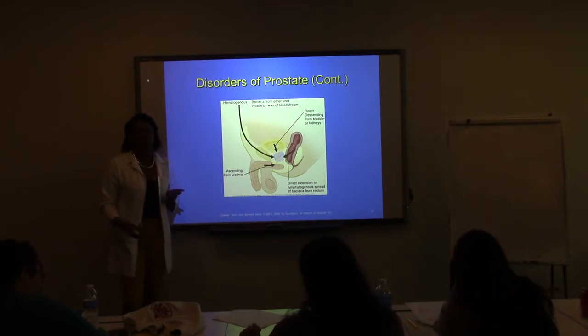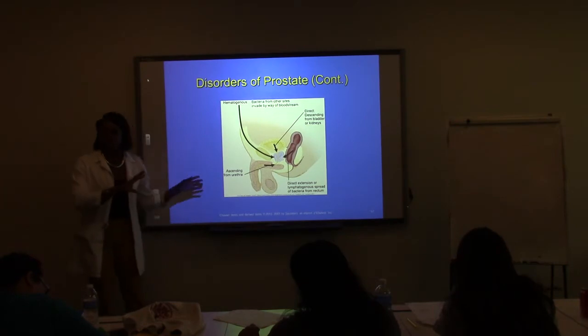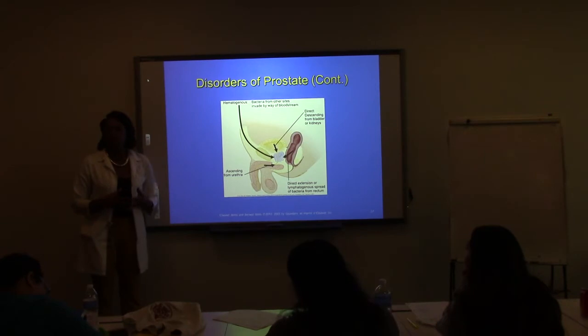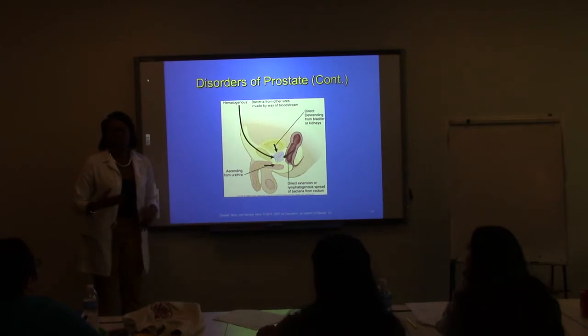Poor hygiene is very, very common amongst the elderly community, not only males, but also females. Keep in mind, when they get to a certain age, they cannot take care of themselves like they used to. Sometimes, whether or not they have a catheter, certain things aren't changed in a timely fashion.